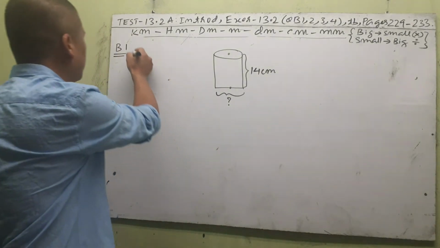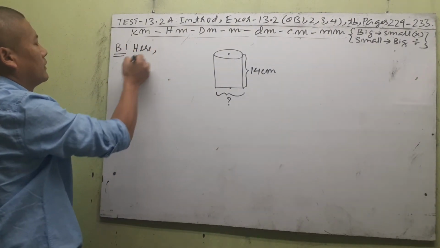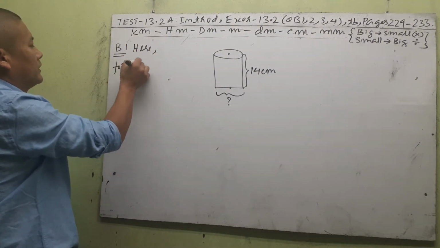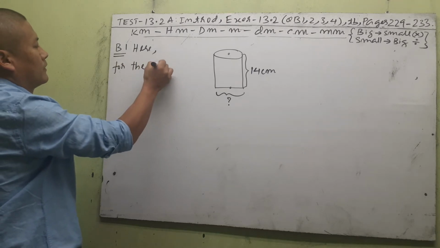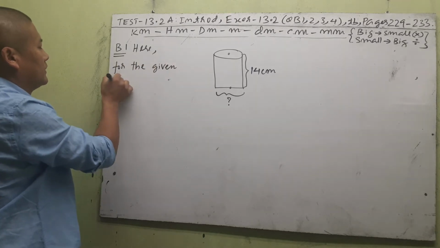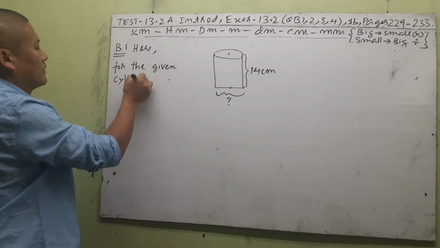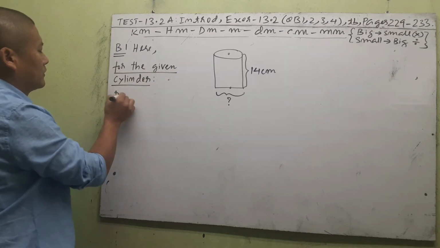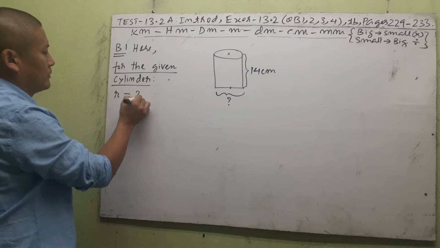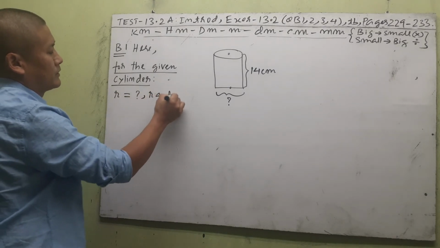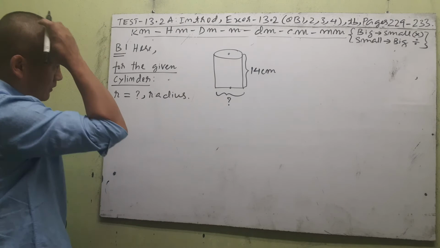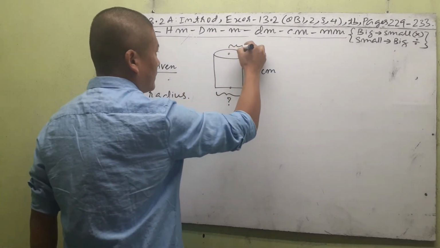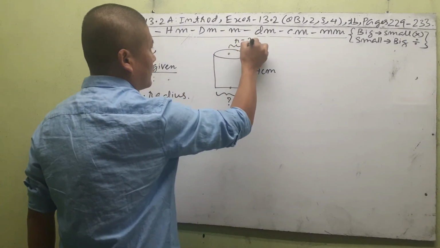So let us write down here, for the given cylinder, r equal to question mark, that is the radius of the cylinder is unknown.